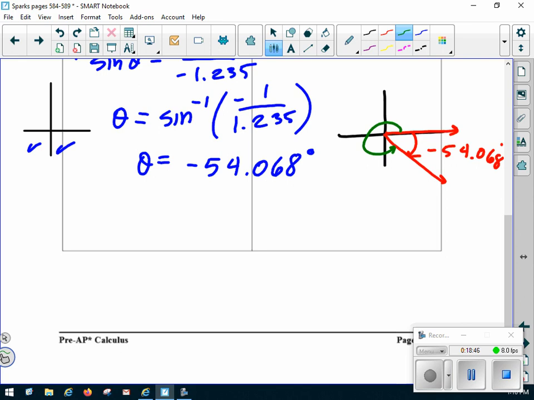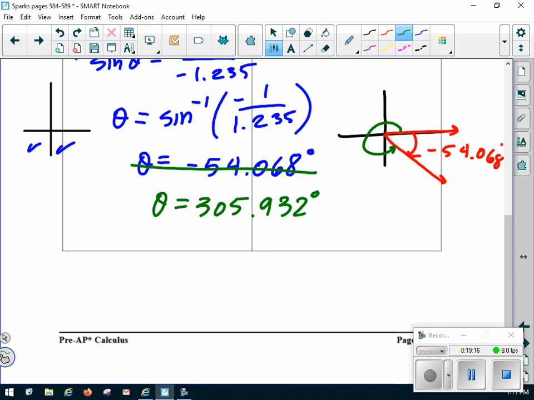Remember, if you add 360 to any angle that's already in degrees, you're going to get a coterminal angle. And coterminal angles have the same trig functions, same trig ratios. So if you add 360 to that, what are you going to get? 305.931? 932? Okay.